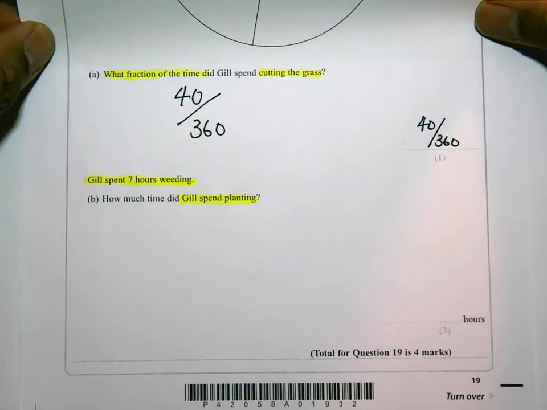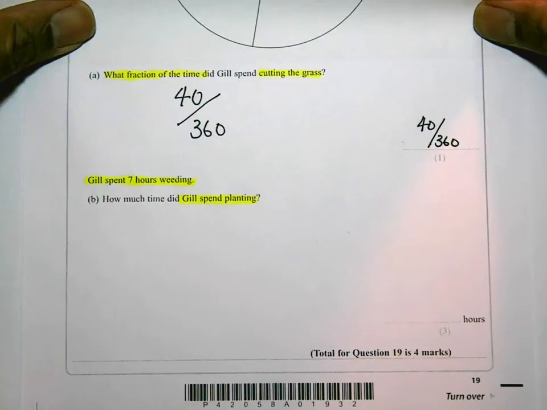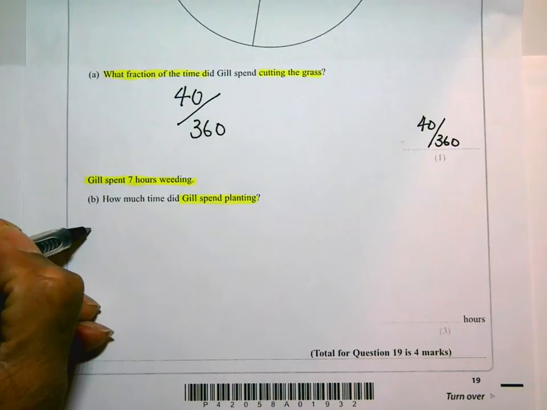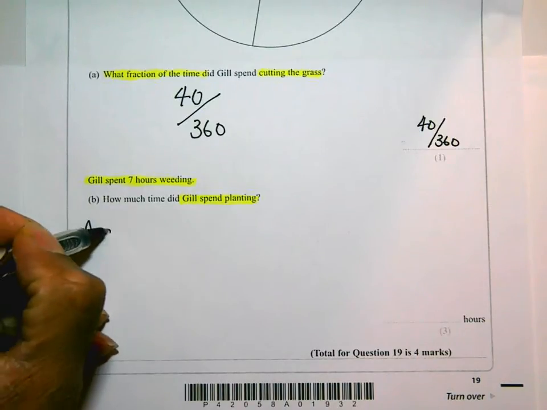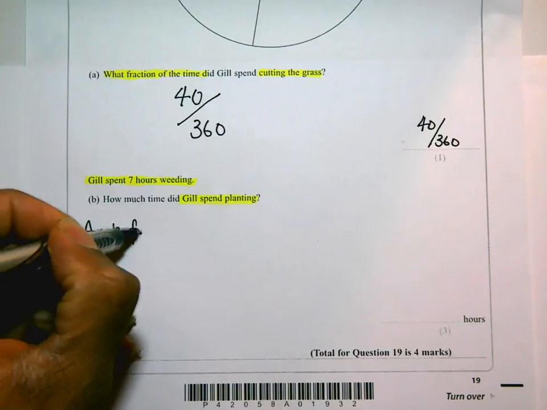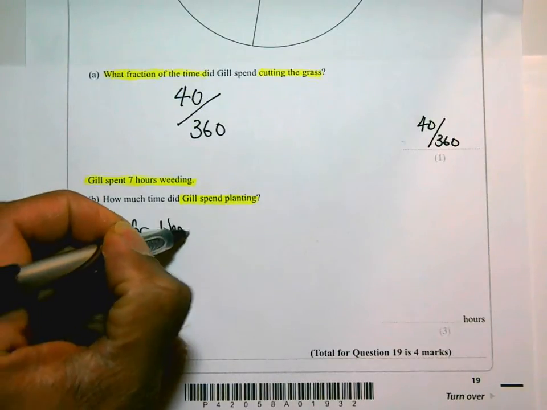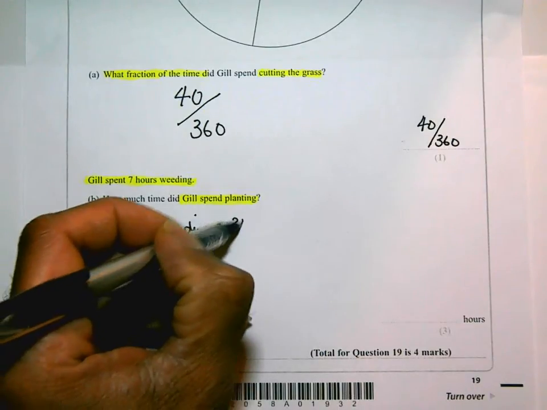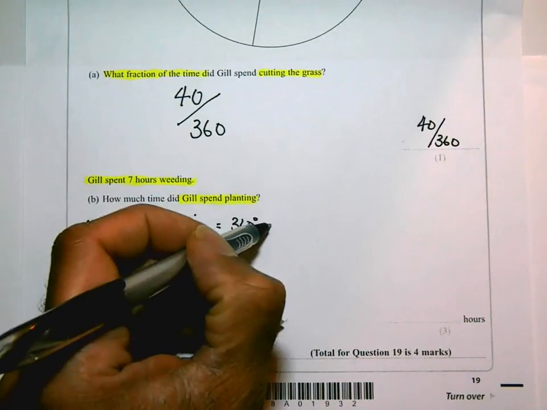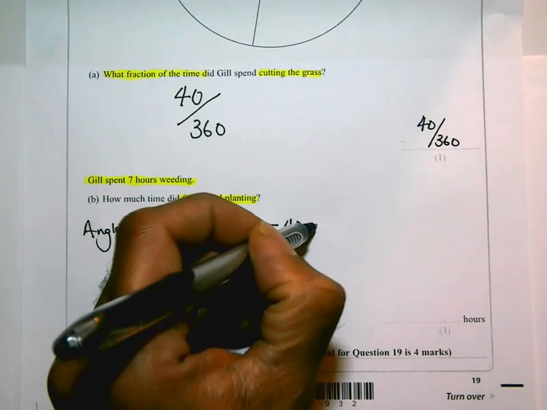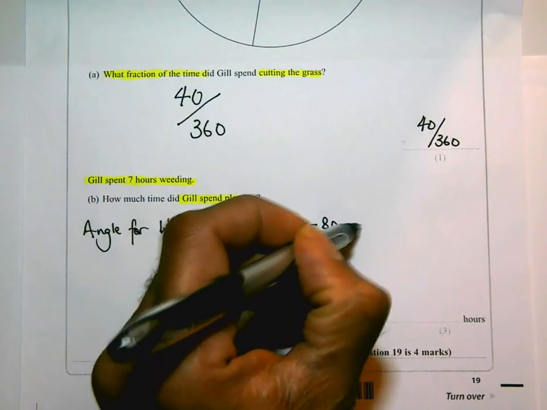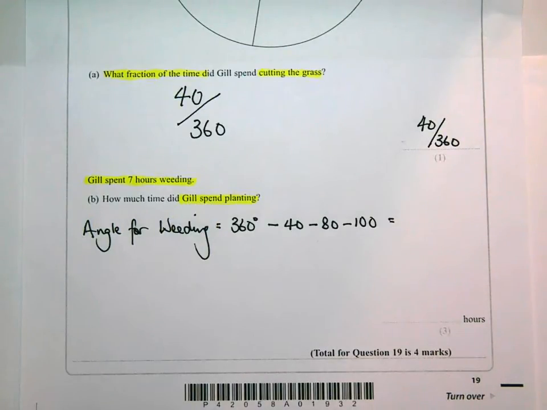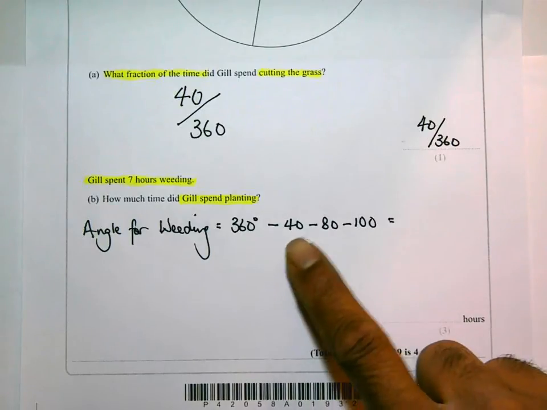If you made a note of the angles, I could see the angles here. So to work out the angle for weeding, I know the full turn is 360 degrees, and from that I'm going to take away 40 and then 80 and then 100. Okay, because those are the angles for cutting grass, planting and digging.